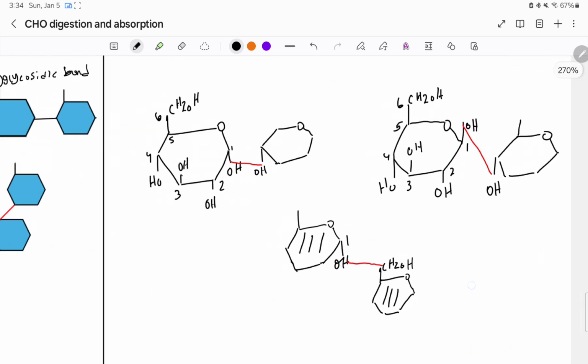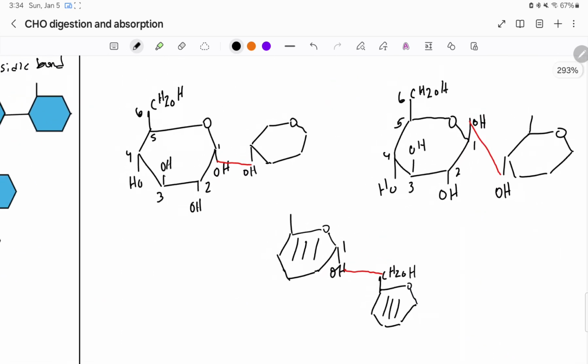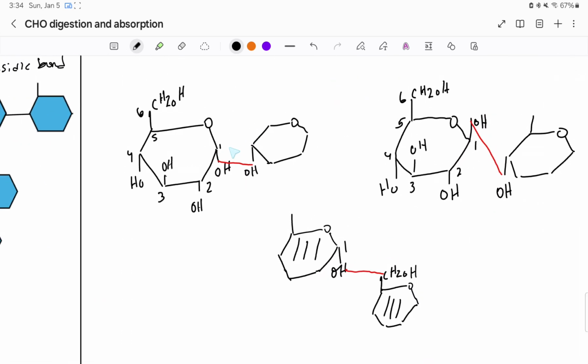Cool. But what does this bond actually look like? Well, just to help you understand it a little bit more, let's go back to this tiny bit of chemistry. So here we have a glucose molecule, okay? And here we have another glucose molecule. Remember I said there are carbons here, so carbon 1, 2, 3, 4, 5, 6, okay? This first carbon, we called it an anomeric carbon.